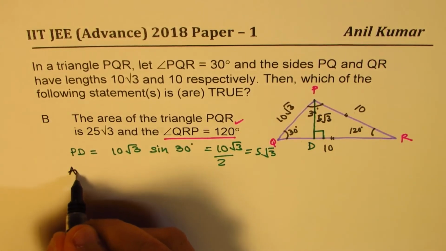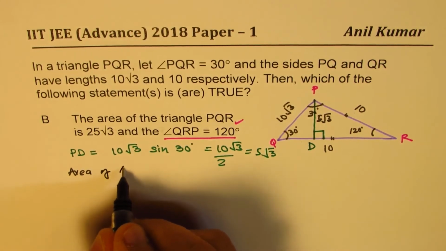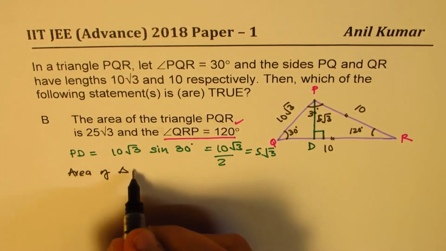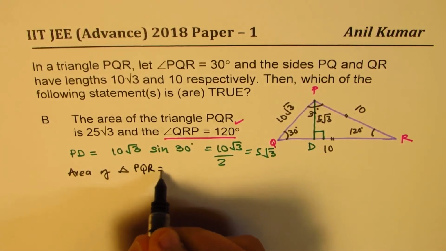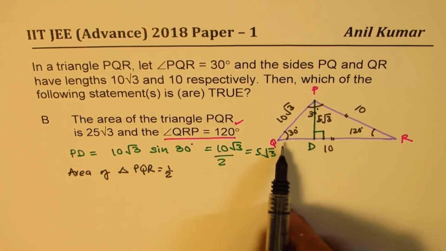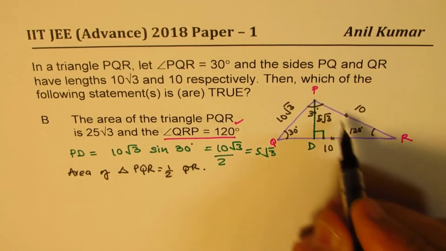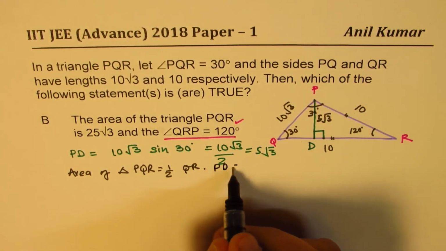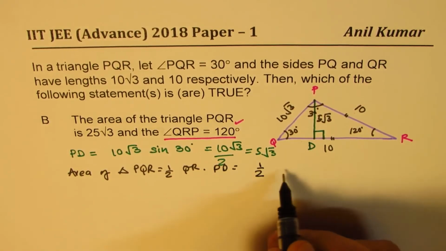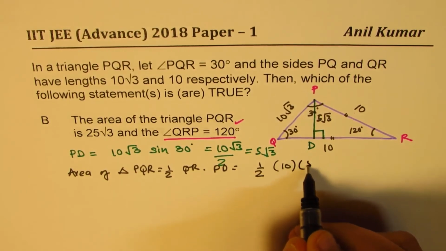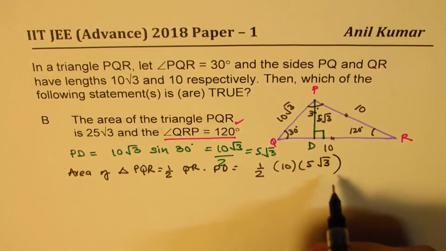So area of triangle PQR is half base, which is QR, times PD, which we'll write as half of 10 times 5 square root 3.